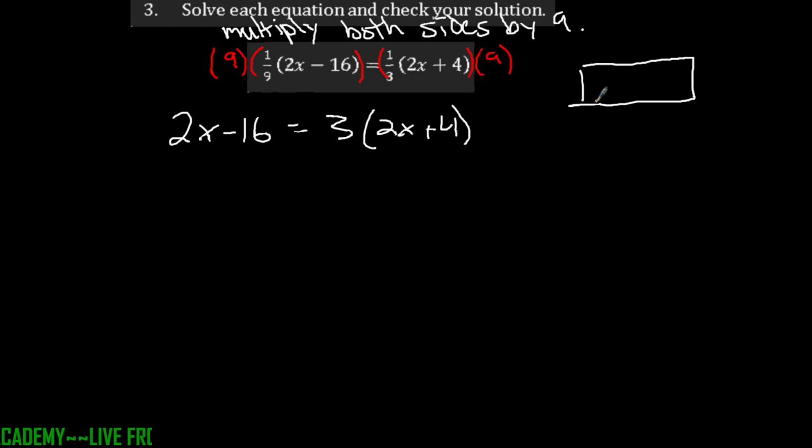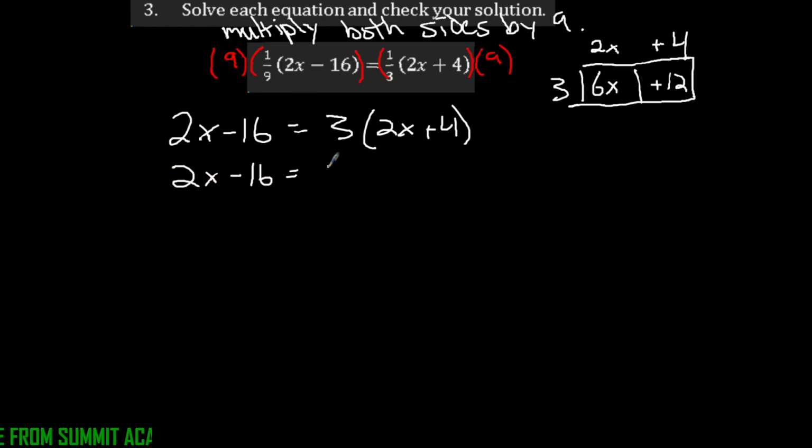I'm going to say 3 times 2x and 3 times positive 4. So I'm going to have 6x plus 12. So underneath of it, I can write 2x minus 16 equals 6x plus 12. So make sure you're multiplying each term inside the parentheses by the outside amount.